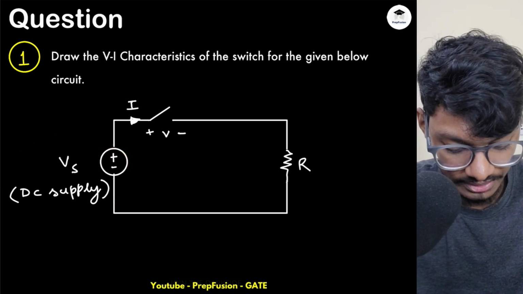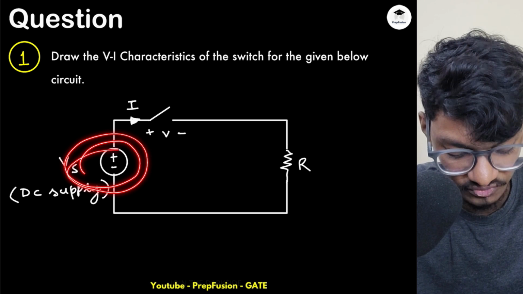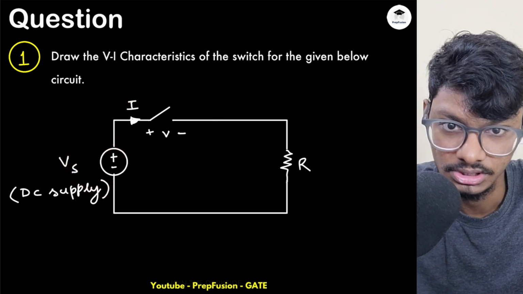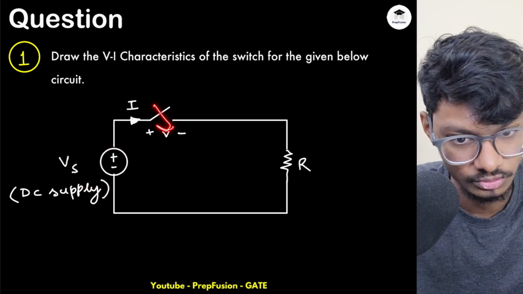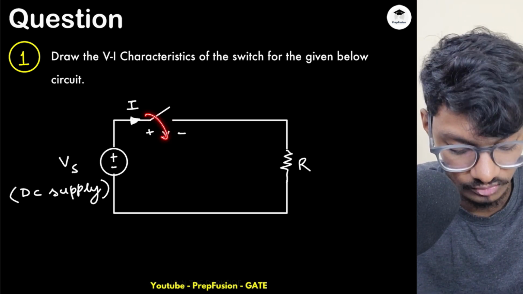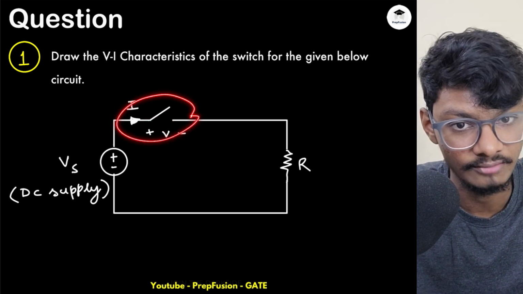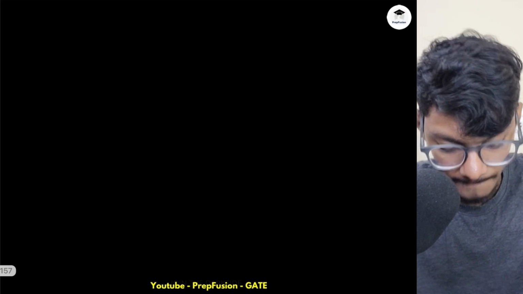If I keep varying this Vs, what will happen to this switch? When this ideal switch is closed, what will be the value of the current and voltage? We will use two cases.